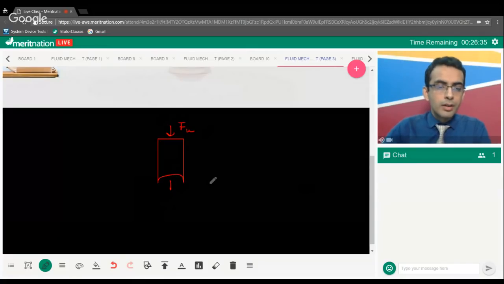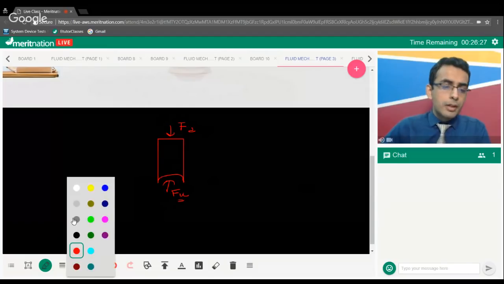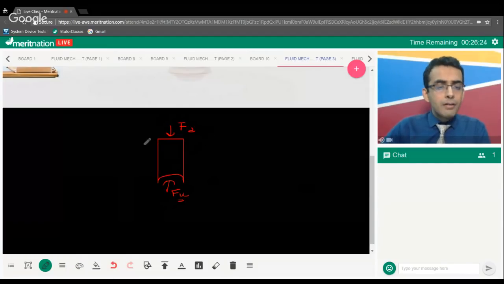This is the downward force applied by liquid, and this is the upward force. You should be clear about this, that the buoyant force that we calculate is equal to Fu minus Fd. That is equal to the buoyant force, right?